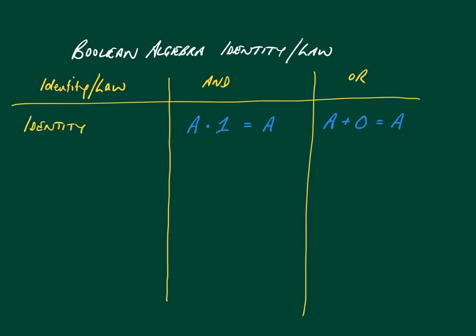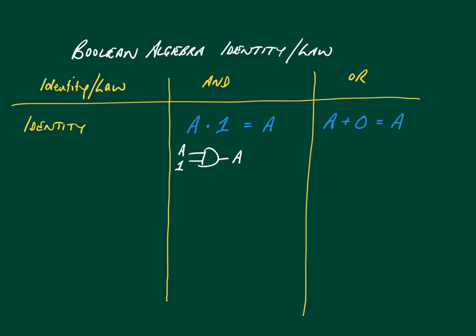Just quickly to explain how this works, think of it as a logic gate, where the first input is A and the second input is 1. If A is 1, then 1 and 1 will output 1. If A is 0, 0 and 1 will output 0. So the result is whatever A is.